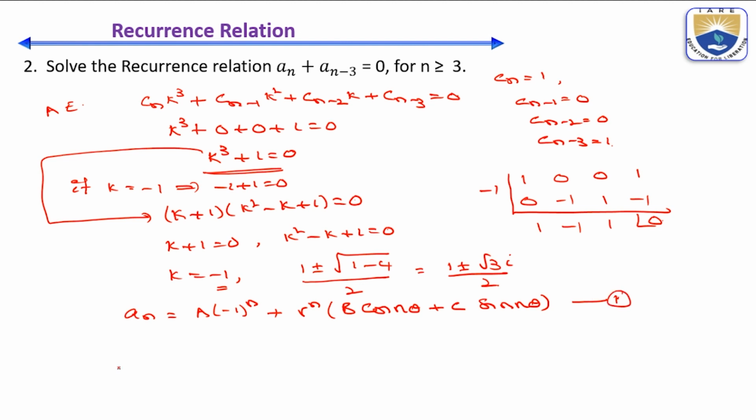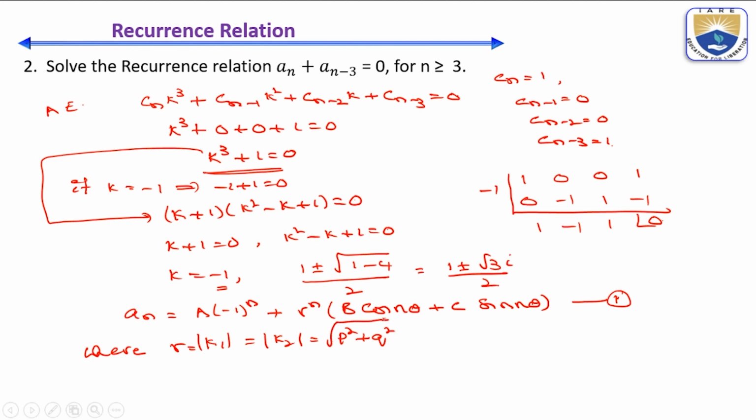So this is the solution where r is, we are going to write it as p plus iq or p minus iq, which is equal to the square root of p square plus q square.